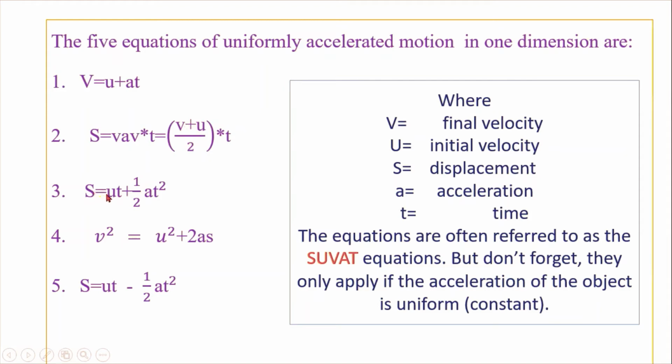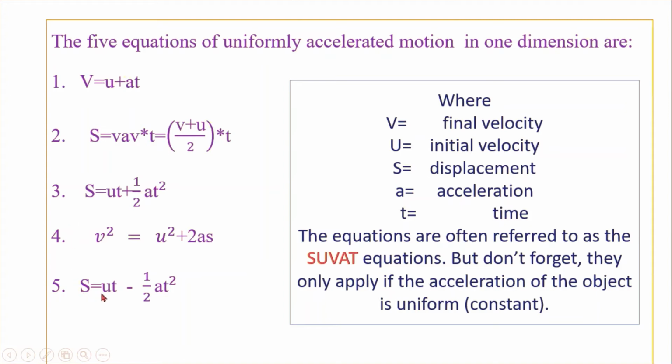S equals ut plus 1 over 2 at square. V final square equals v initial square plus 2 times acceleration times displacement. S equals vt minus 1 over 2 at square. These five equations are the equations of motion in one dimension for constant or uniformly accelerated motion.